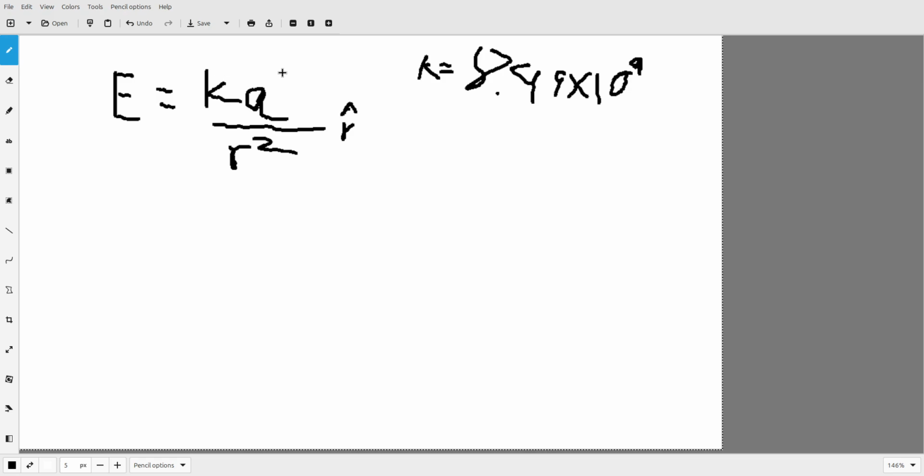Q is the charge, whose units are coulombs, and r is the distance between the charge and the point, and r hat indicates the field as a vector going in the direction of that distance. Supposing a charge Q and a point P, the field goes to point P from Q.